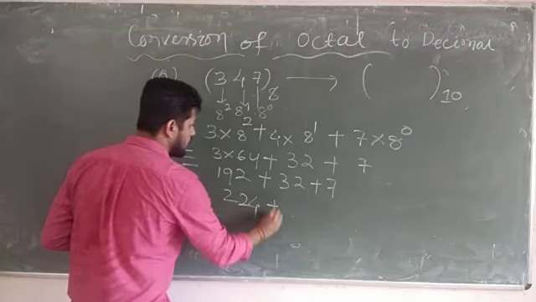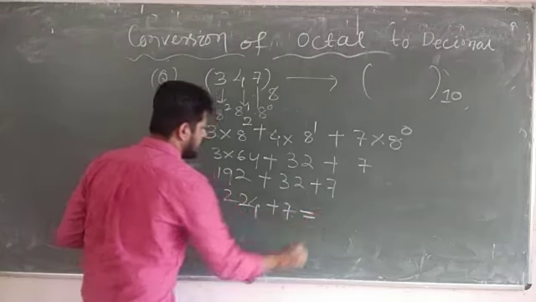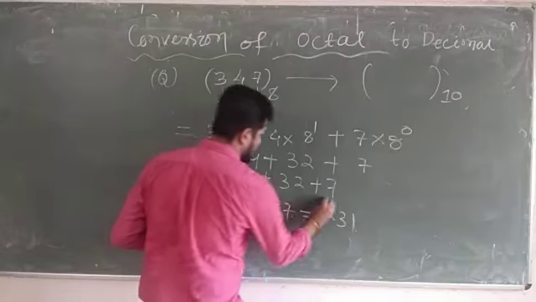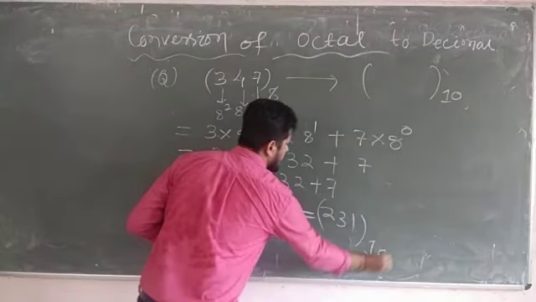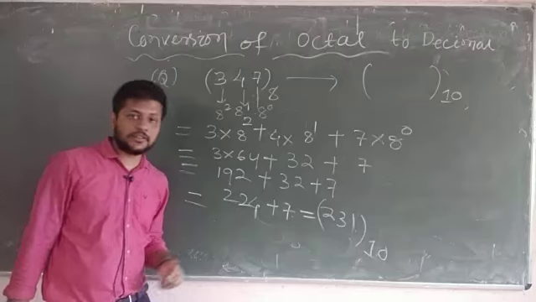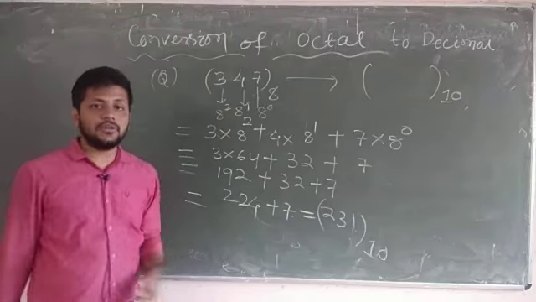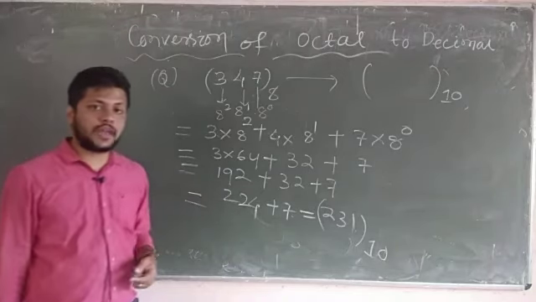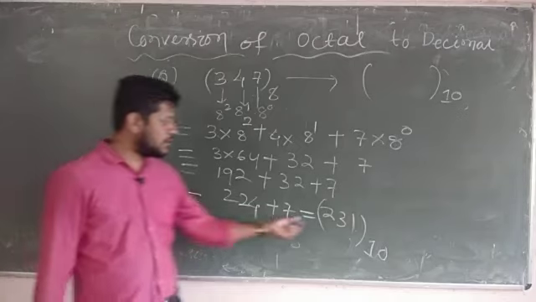So 224 plus 7 means the result will be 231 in base 10. So when you convert a number which is in octal, 347, into decimal, the decimal number is 231.